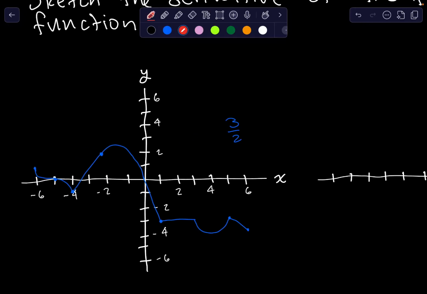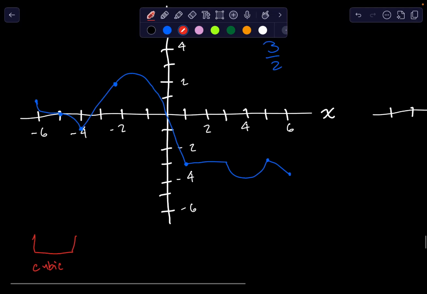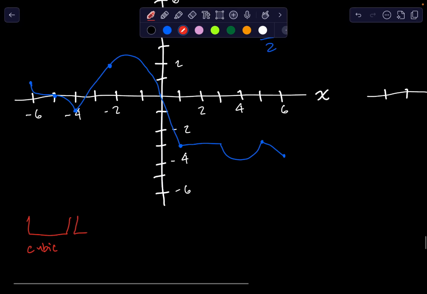So if we wanted to break up this graph, from what I see here, we can break it up. This is one that looks like a cubic function of sorts, which you could actually write down because that's going to be kind of helpful. I'm doing dot to dot, for the most part. And then right here, looks like we have some sort of linear function.